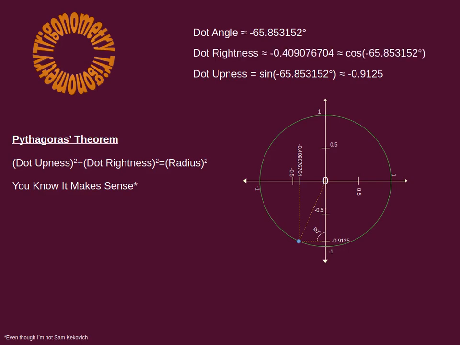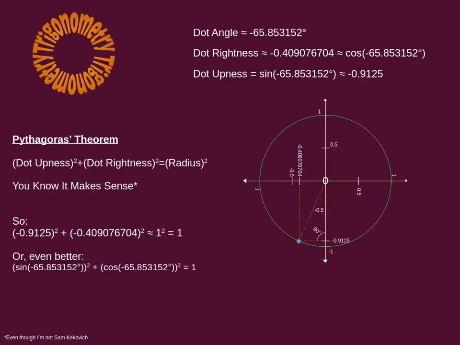So we can plug in all the numbers and work out that our radius is 1, but we know from before that dot rightness and dot upness are just the sin and cos of the angle of the dot. So we can just use the sin and cos of the angle of the dot.